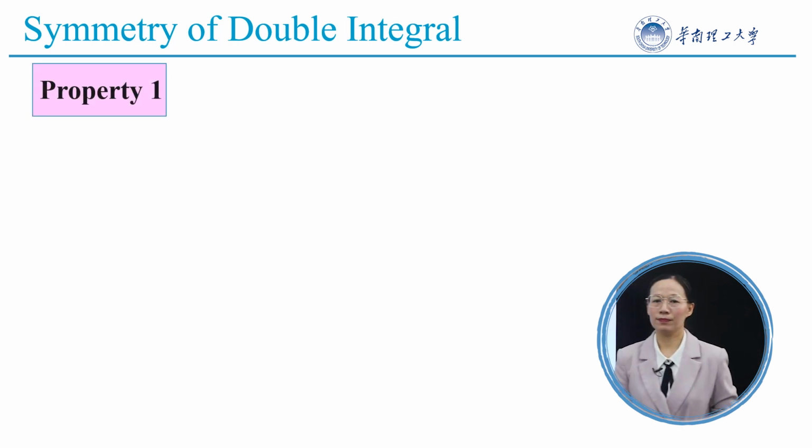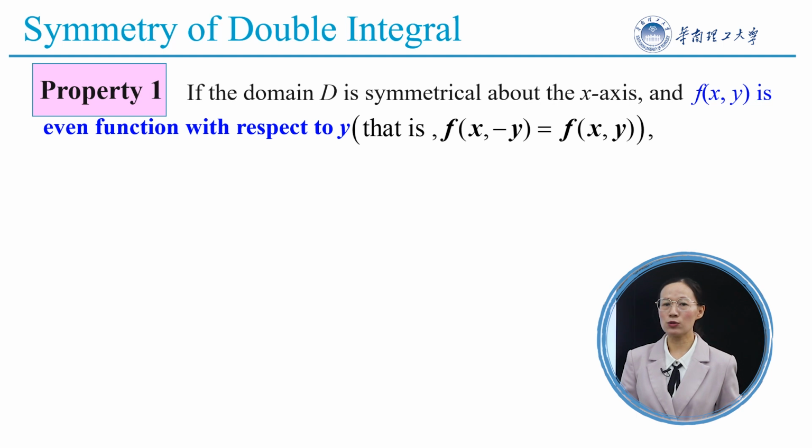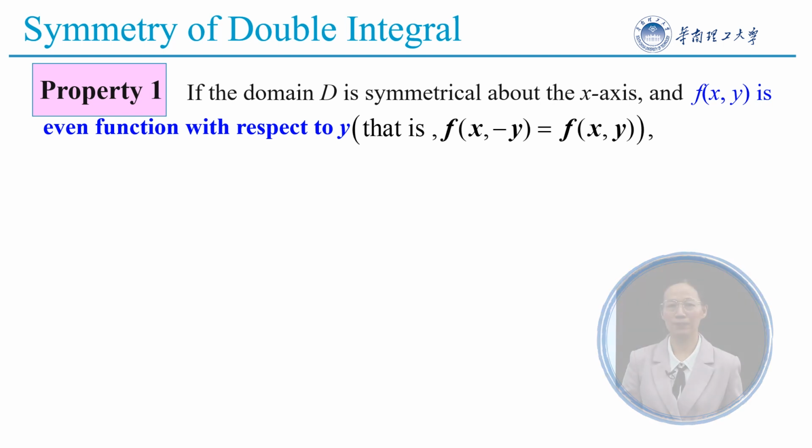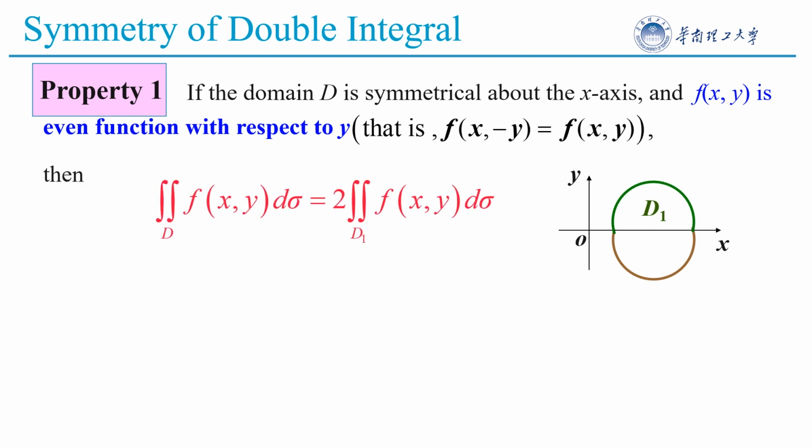Property 1. If the domain D is symmetrical about the x-axis and f(x,y) is an even function with respect to y, that is, f(x,-y) is equal to f(x,y), as in the picture on the right side, then the double integral of f(x,y) on region D is equal to 2 times the double integral of f(x,y) on region D1.